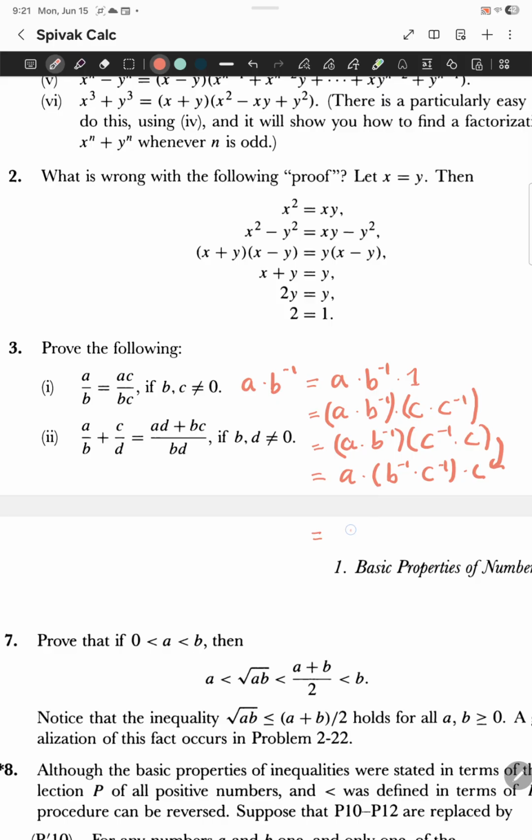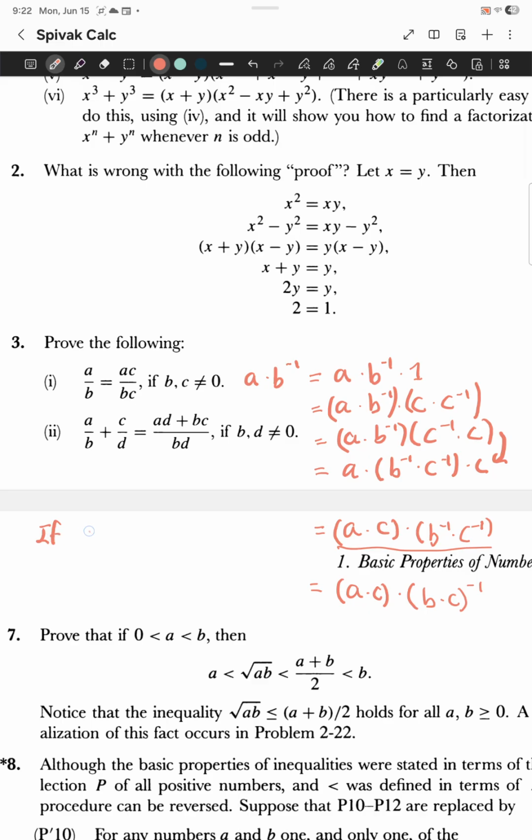Then we can move this to here, ac times bc inverse, which is equal to a times c over, well, I think this gives us another challenge: a times c inverse is equal to b times c inverse. So let me prove this first.